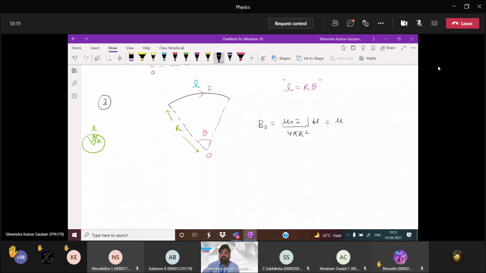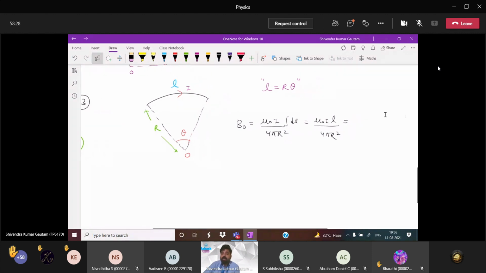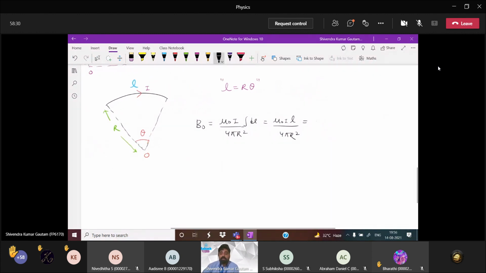Integral dl will be mu naught I into L divided by 4 pi r square. And L value is r theta. So instead of L here, you will write r theta.